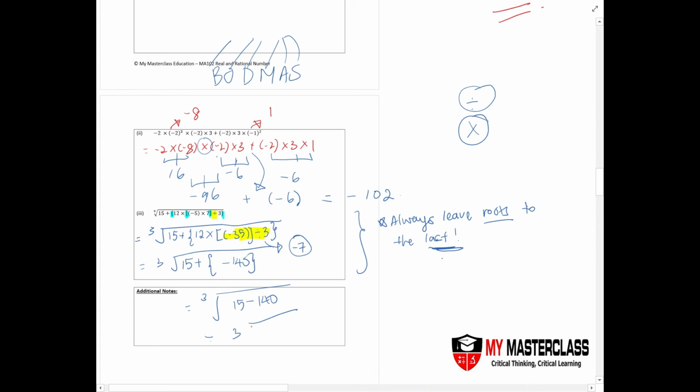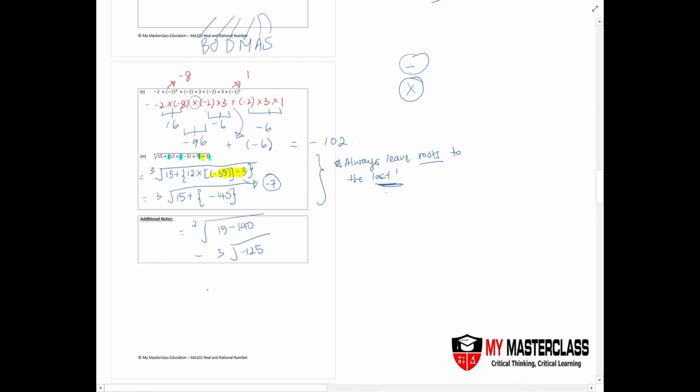This will give me a cube root of negative 125. Now, don't be shocked when you see a negative here because it's common. It's actually cube rootable, meaning you are able to take the cube root of a negative number. So don't be shocked by it. Once you press in your calculator, you should get negative 5 as your final answer. Please remember this order: B, O, D, M, A, S. This will help you to tackle all kinds of questions in future.